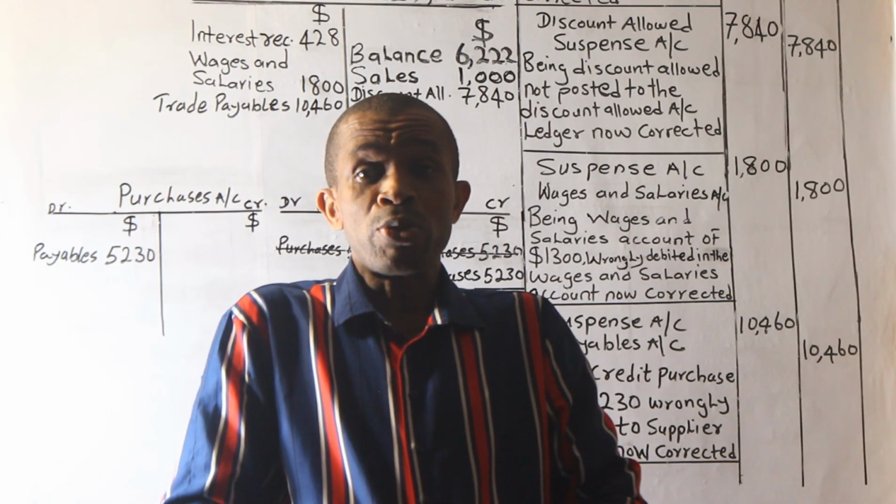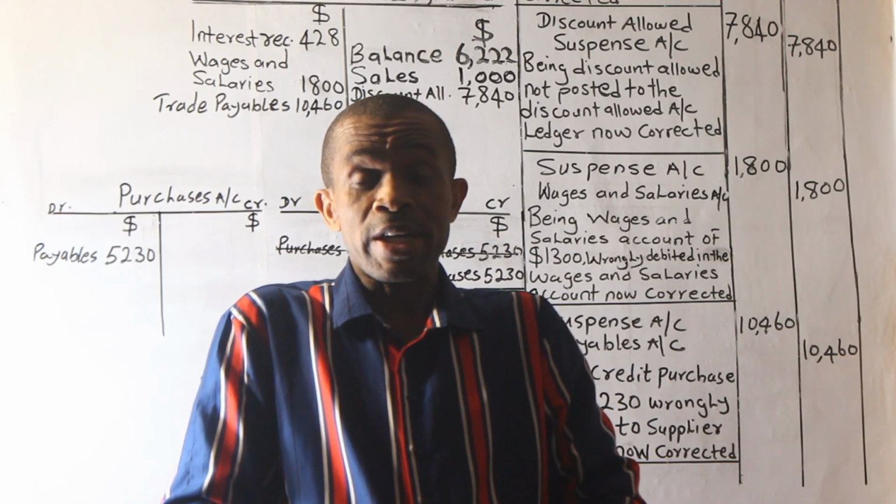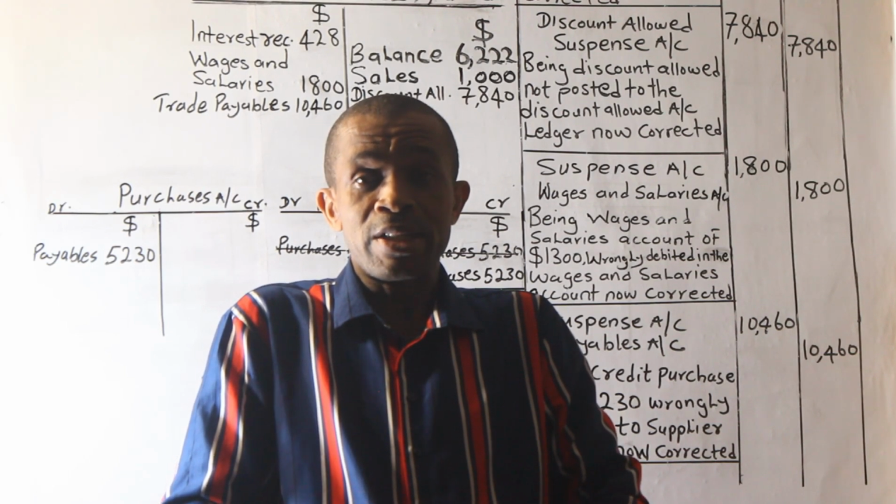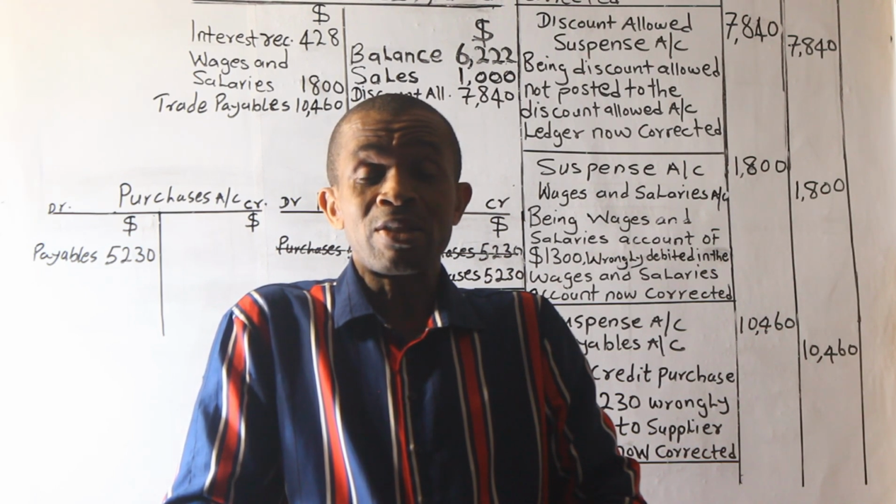Since the cash book is where the error occurred, that means the credit side was not credited with $1,300. When we open account recognizing the cash book, the bank column will be credited with $1,300. That is suspense account. That means that this error will be corrected on the credit side of the cash book, that is the bank column.